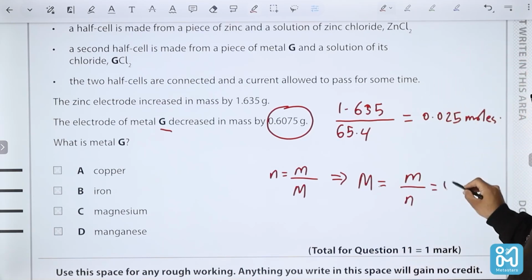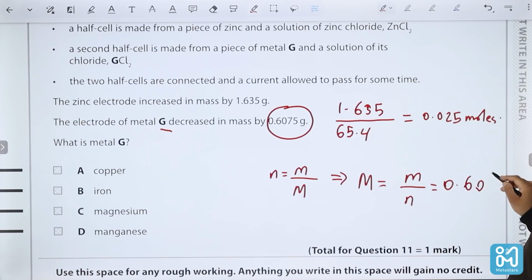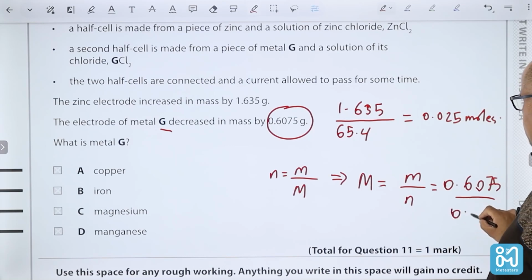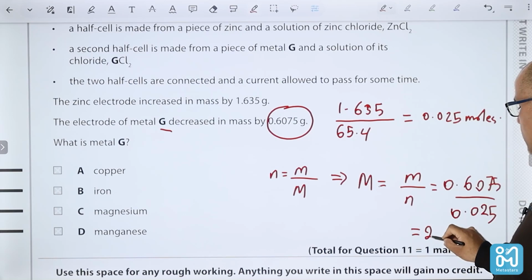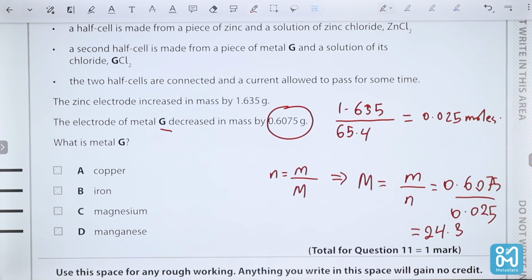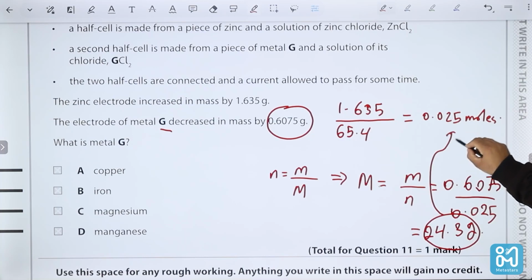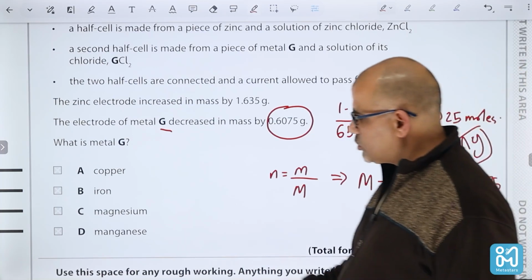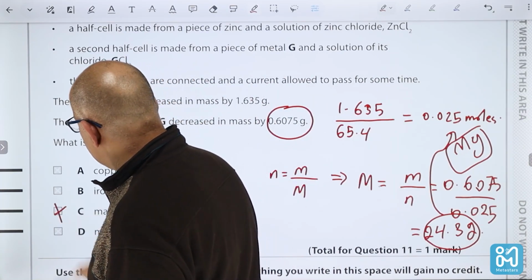If you divide 0.6075 over the number of moles, 0.025, this gives you 24.3 grams, which is the molar mass of the element magnesium. That's why the correct choice is magnesium.